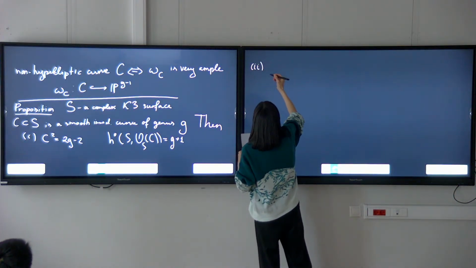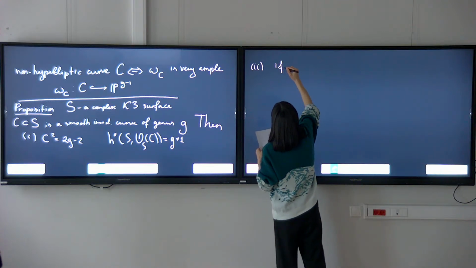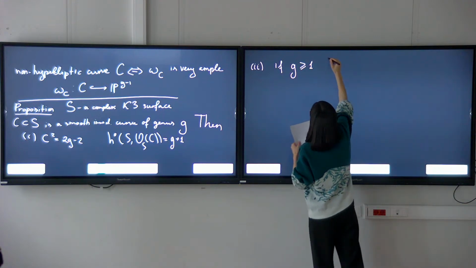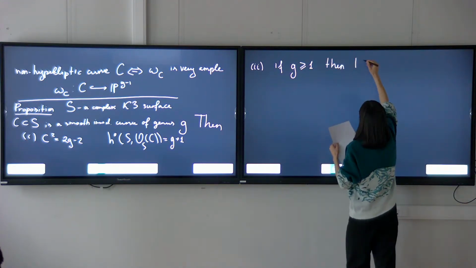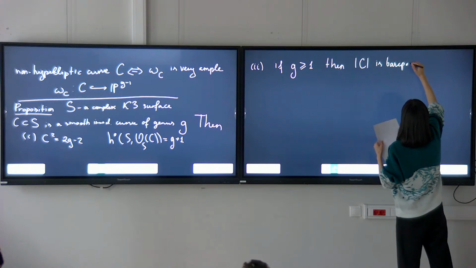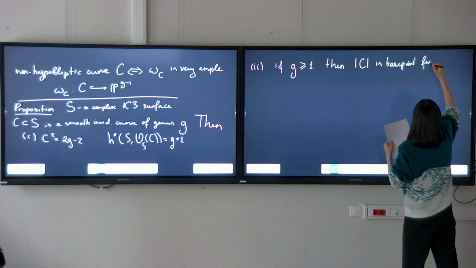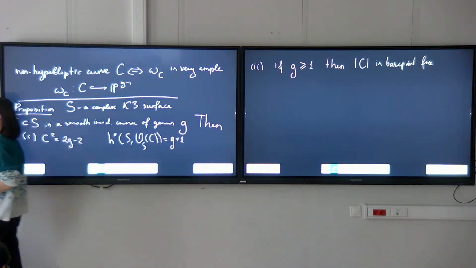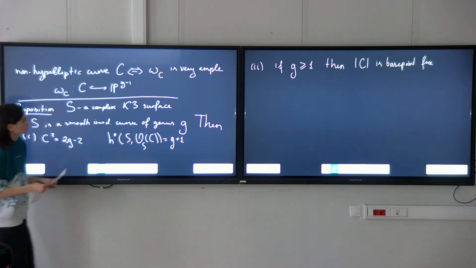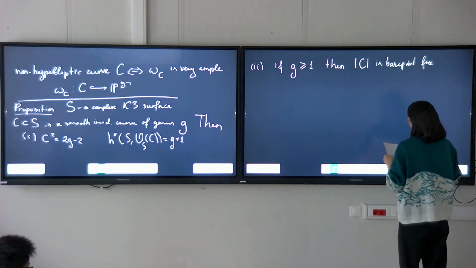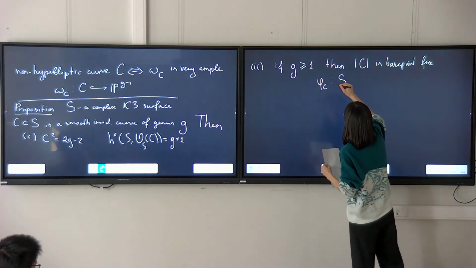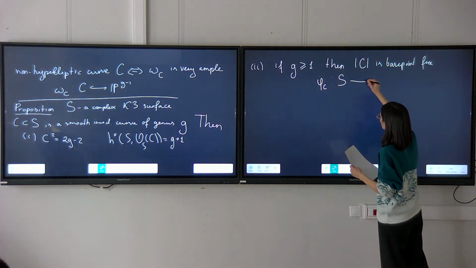And now the second statement is that if genus is greater or equal to 1, then the linear system that is given by C is base point free, so it gives you a regular map from C to what?